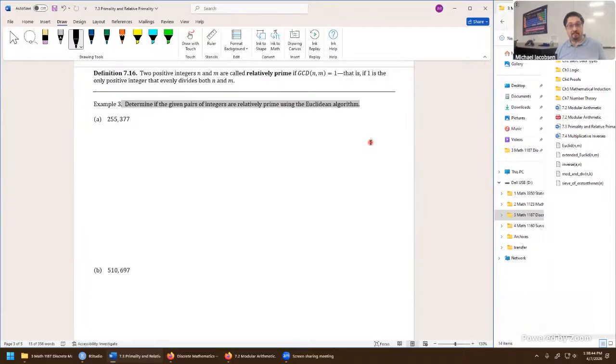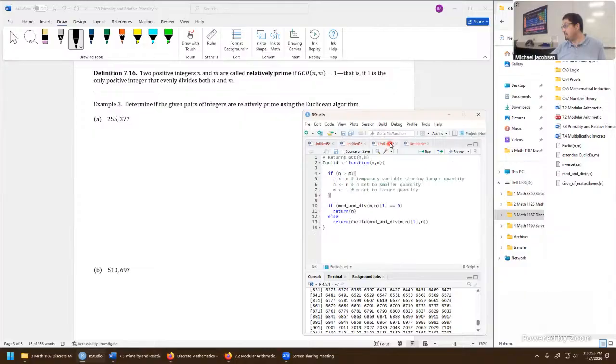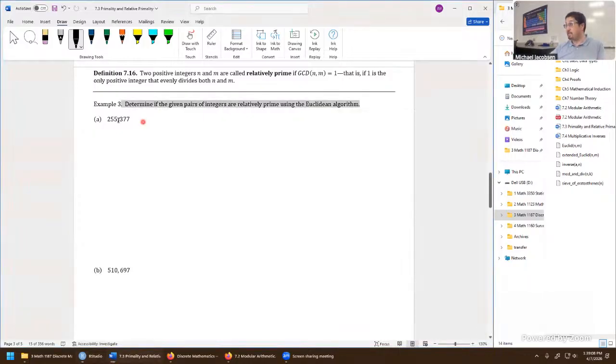So if you did this by hand, that'd be just fine as well. If you trace the Euclidean algorithm by hand, that'd be fine. And if you decide to implement the Euclidean algorithm, here it is, and just run it in a computer system, whether it's R, C++, and so on, that'd be a fine way to do this homework exercise as well. So I'm going to leave it completely up to you how you'd want to calculate these.